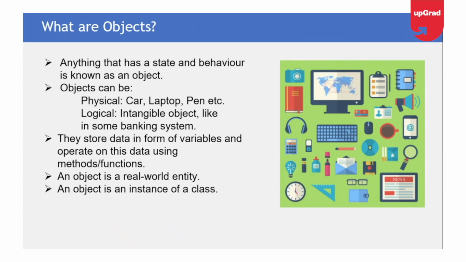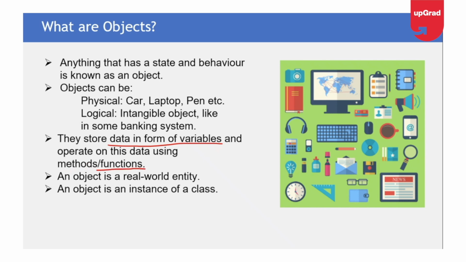Now let's see what we mean by an object. As we already talked about, anything around us or even we ourselves are objects. Objects can have properties and behavior. We store properties in the form of variables, and the behavior, or what we have to operate on this data, is done using functions.